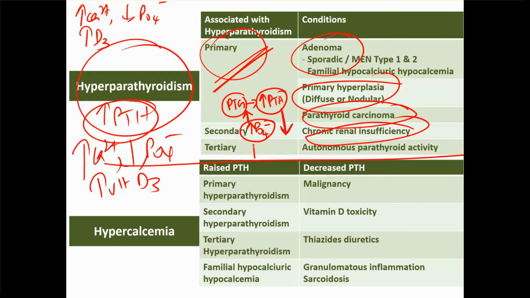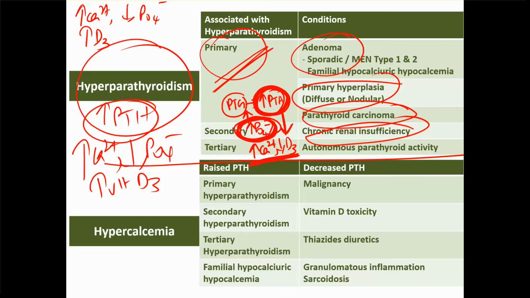So there is only an increase in calcium but a decrease in D3. So increased phosphate level, that is hyperphosphatemia, causes hyperparathyroidism, that leads to increased calcium but decreased vitamin D3.